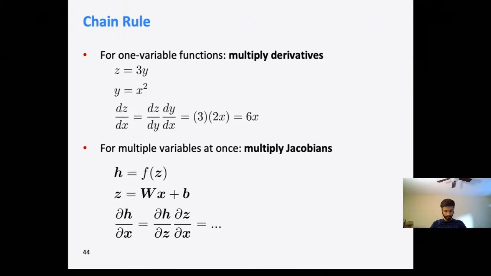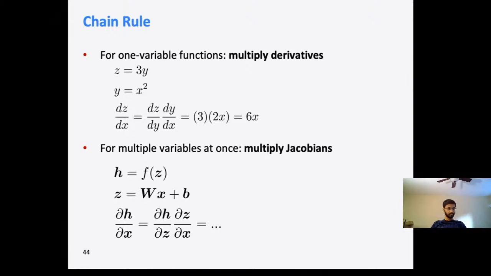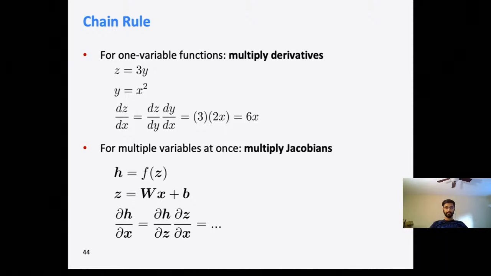So in a neural network, you're running a sequence of functions one after another. So we have to use the chain rule to work out derivatives when we compose functions.